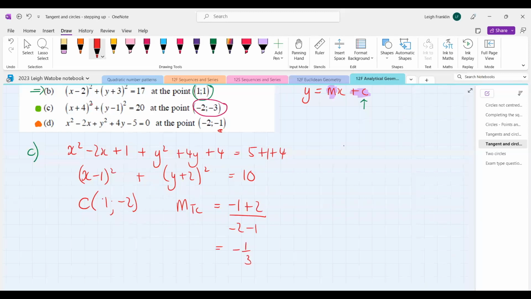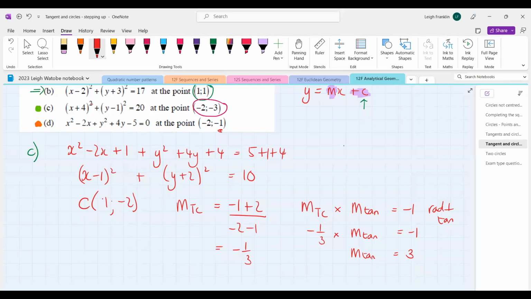So Nkoniza, your gradient is certainly correct, because the gradient of TC, the radius, times the gradient of the tangent has got to give us -1, because our radius is perpendicular to our tangent. So the gradient of TC is -1/3 times the gradient of the tangent is -1. So the gradient of the tangent is indeed 3.